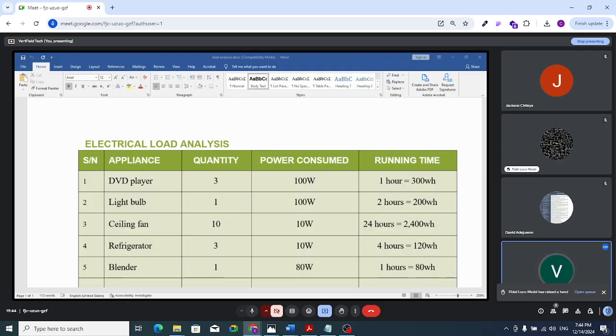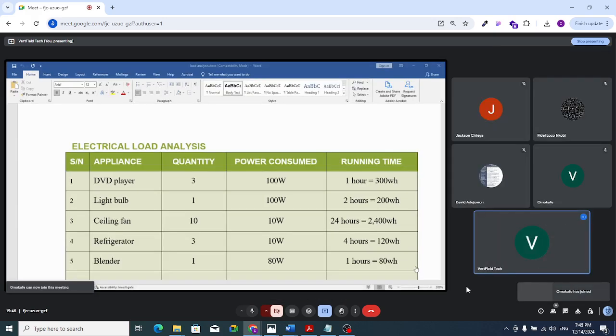You apply it on each and every one of these appliances, and then sum the various energy consumptions to give you your total energy consumption.